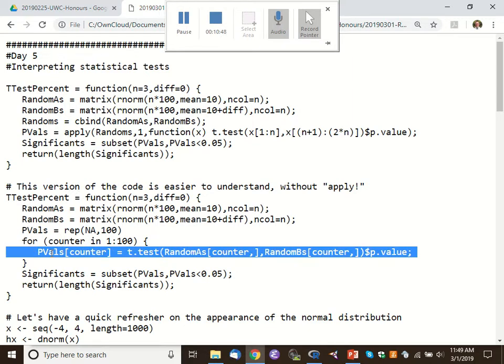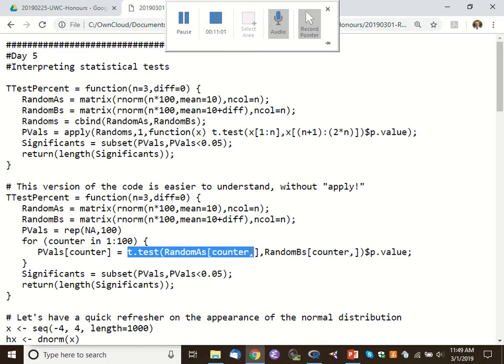And here we're going to set the value for row number 1, when we're sitting on row 1, with the p-value that results from a t-test of the first 3 values versus the second 3 values. Here I'm grabbing them from randoms A and randoms B rather than out of the big table, but the effect is exactly the same.